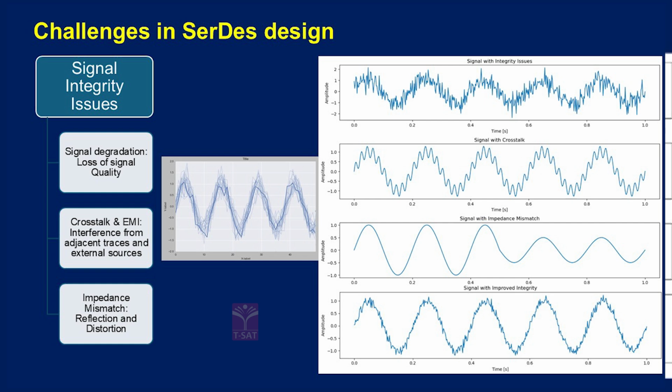In this particular diagram, if you can see, there are multiple issues coming. Signal integrity issues are basically coming from multiple couplings. As I said, if there are high speed signals going side by side, there will be a crosstalk impact, right?